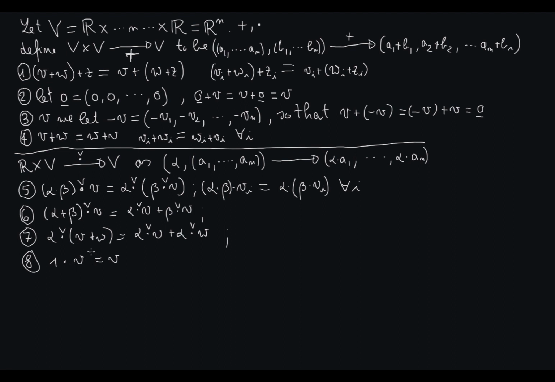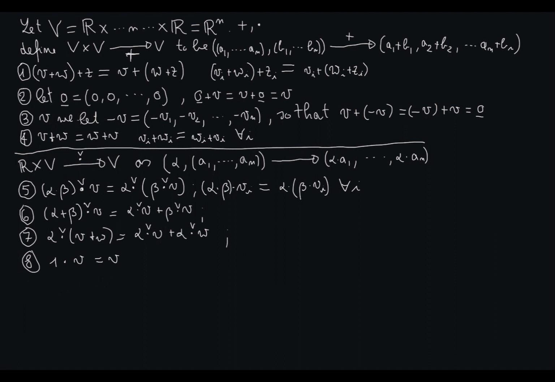Again, as before, the ith coefficient here is just vi, and the ith coefficient here, by definition of this operation, is going to be 1 times vi. But 1 is the identity element for the multiplication inside R, so it leaves unchanged any other number when we multiply by it. Therefore, vi multiplied by 1 is going to be vi again, and this for every i. So this property holds as well.